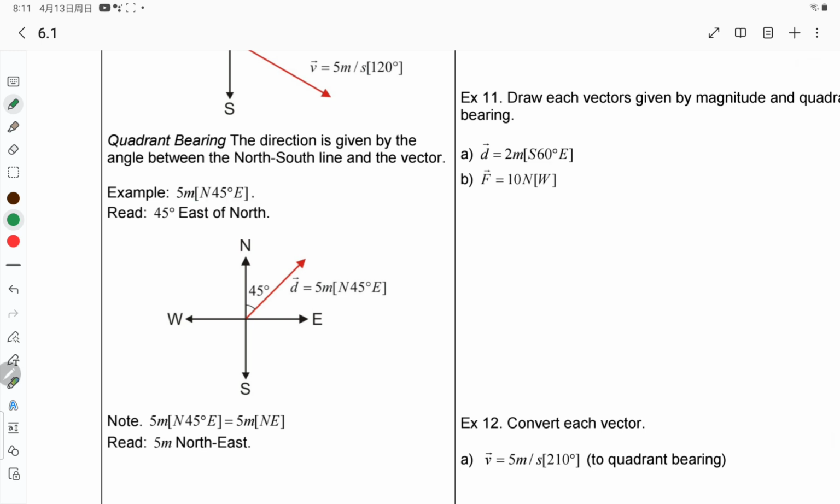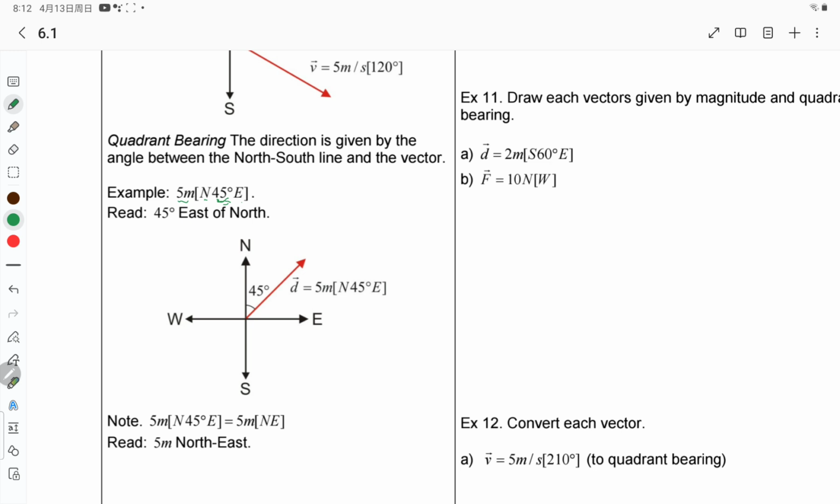So 5 meters is usually the length, right? I don't even like this symbol. And between N and E is 45 degrees. So 45 degrees is an angle.